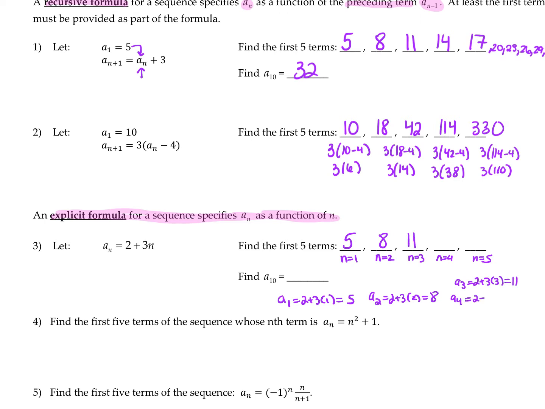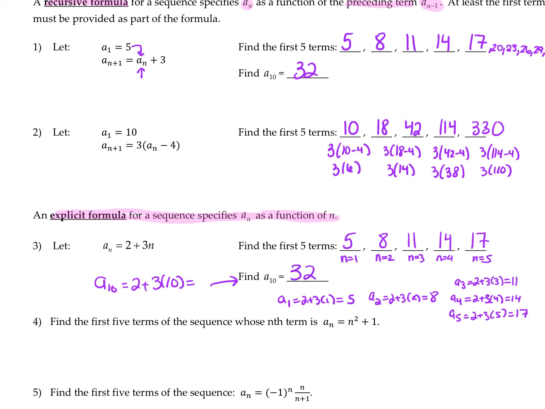If I plug in 4 for n, I get 14. And if I plug in 5 for n, I get 17. So then if I wanted to find the 10th term, I would plug in 10 for n, and I would get 32.